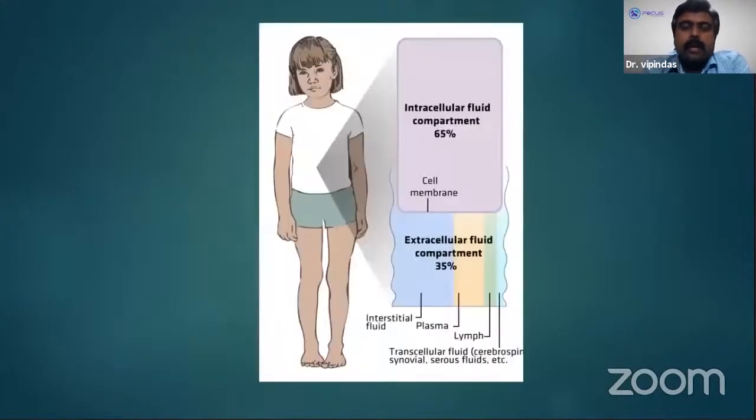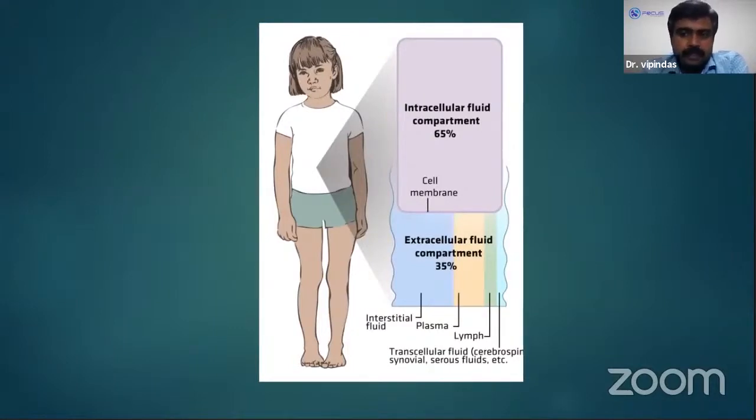And what is the compartmental division of the water? The intracellular fluid compartment belongs to around 65%, and the extracellular fluid compartment comes to around 35%.